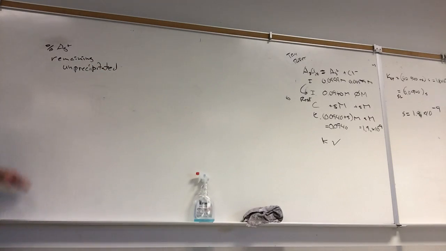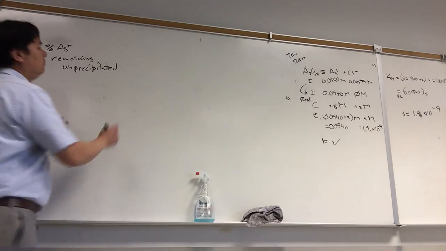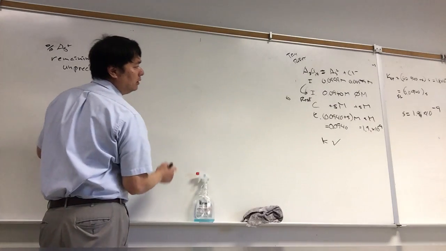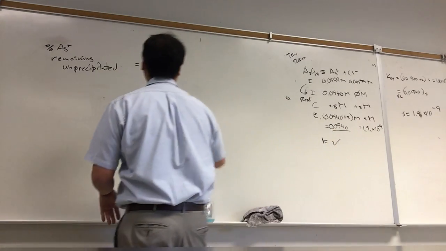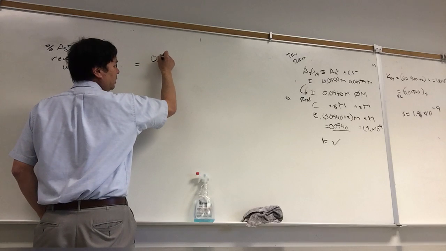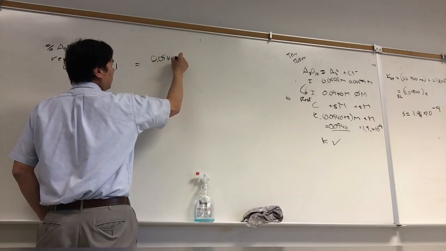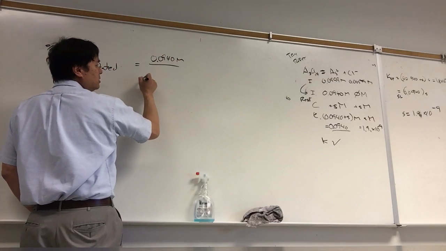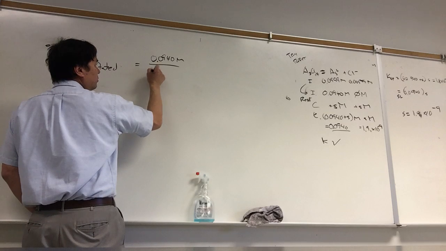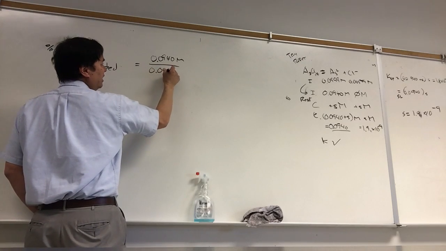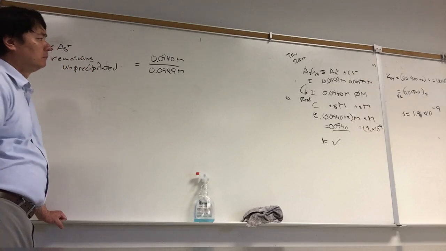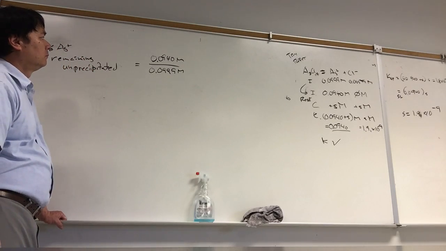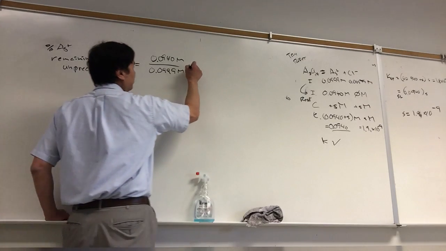Okay, the percent silver remaining unprecipitated is going to equal the amount of silver at equilibrium, 0.0940 molar at equilibrium, versus the original amount. The original amount is 0.0999 molar. This is before resetting, times 100%.